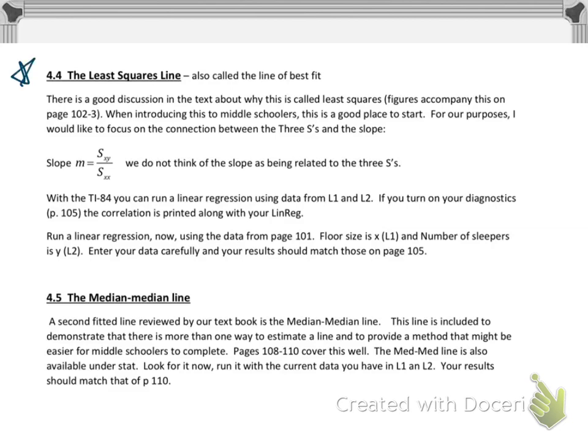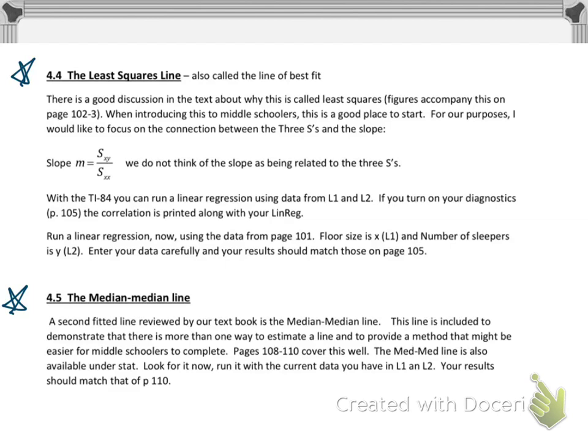We generally, in algebra, use the least squares line, and the textbook is recommending that you can do the median line for middle schoolers because they can easily get the median of a data set. So both of these lines can be estimated using your graphing calculator also.